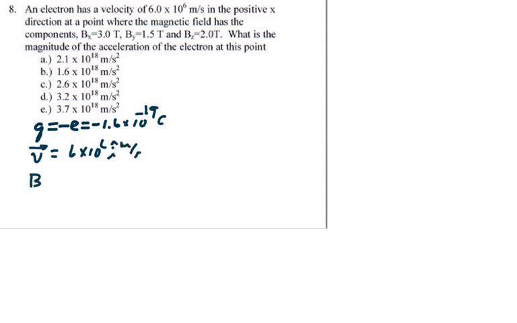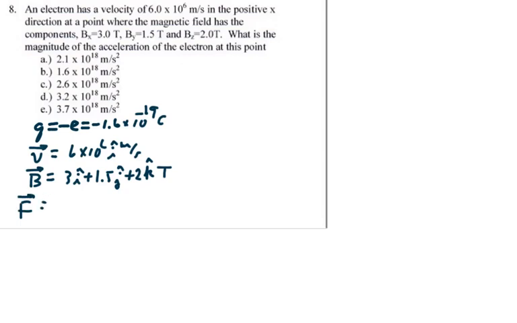And the magnetic field as a vector would be equal to 3i plus 1.5j plus 2k Tesla. So there's our three main things that go into our force formula.